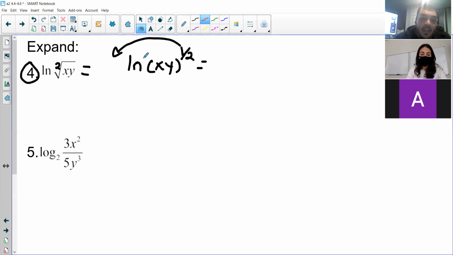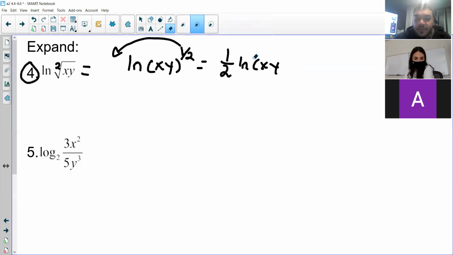But I'm going to move the exponent first. So now I have a 1/2 on the outside. ln xy. I don't really need parentheses for that. So x times y. 1/2 times ln xy.